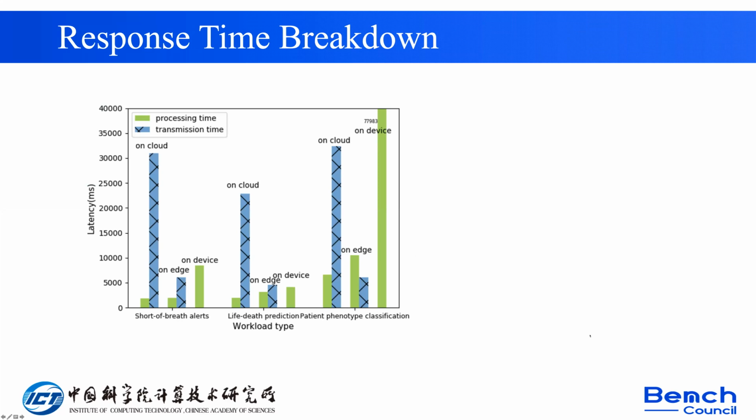From this figure, we have the following observations. We can conclude that the more simplified the workload models are, the greater influence the transmission time has. Therefore, computing near the user may get the lowest response time. On the contrary, a heavyweight workload processed on a higher layer may lead to the lowest response time.